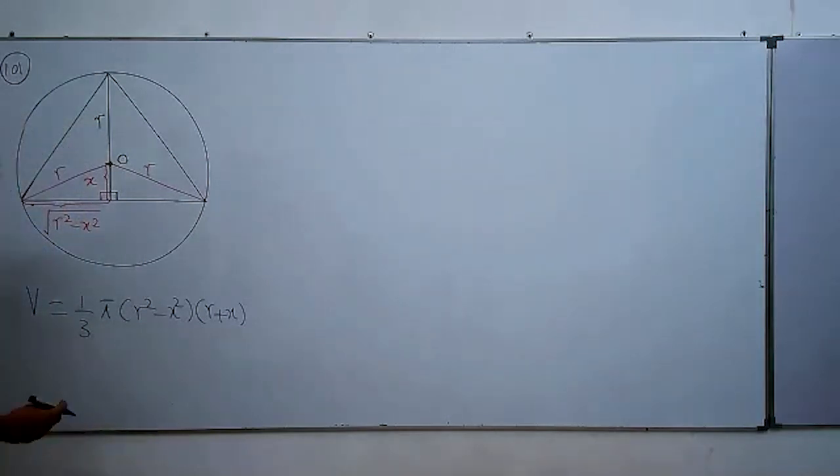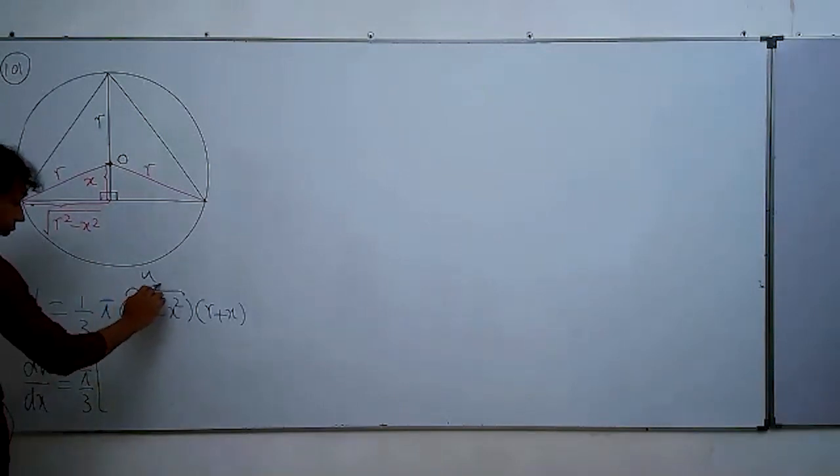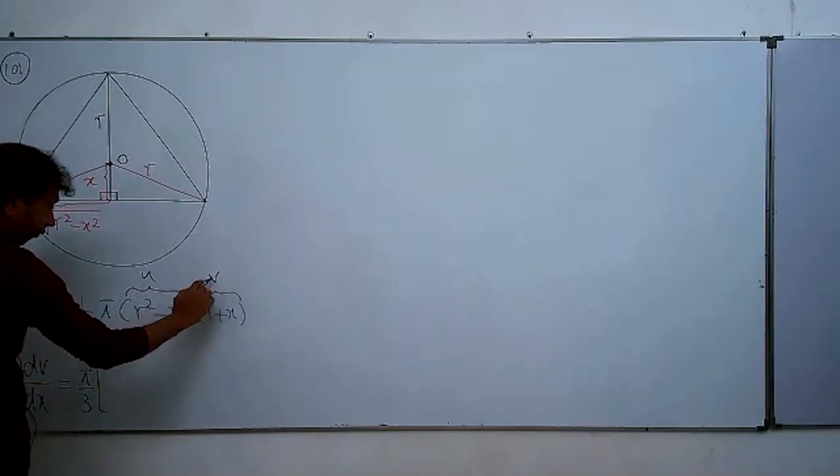Yeah. Now we can differentiate this, dV by dx. This pi by 3 we keep the same. Then we follow this as u into v form. Keep this u the same.